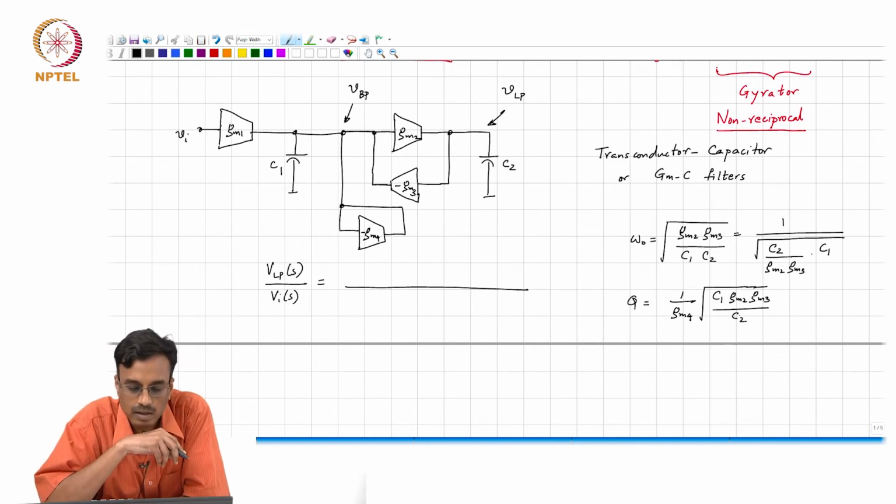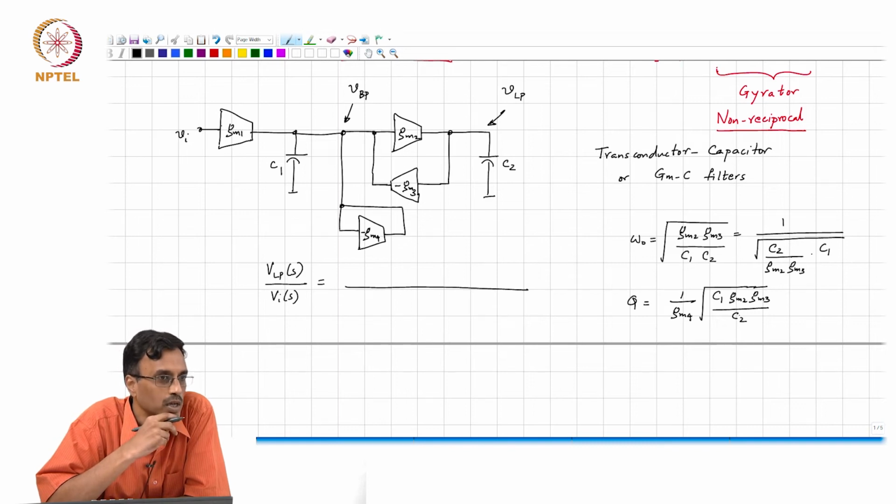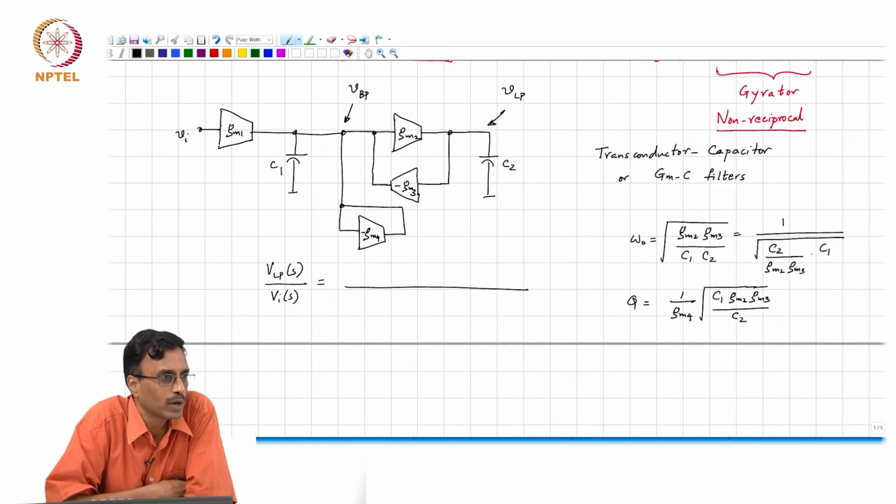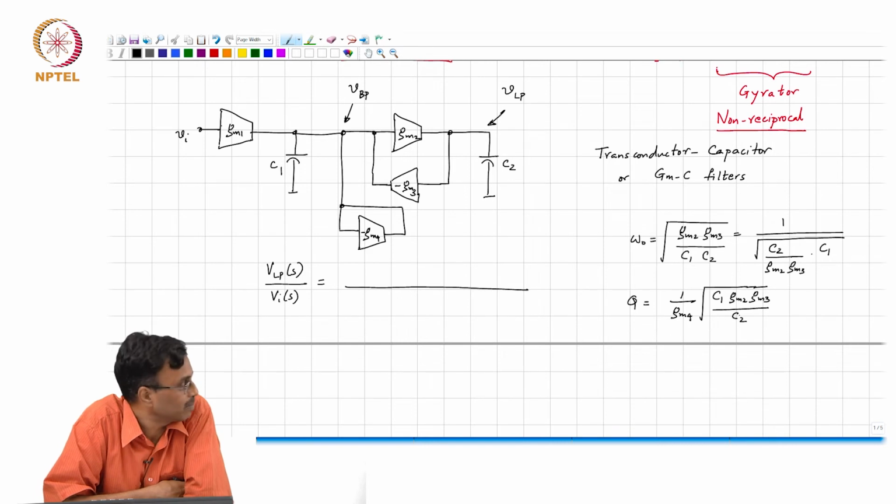Is this correct? Sanity check is what? When GM4 tends to 0, what should you expect the quality factor to become? When GM4 becomes 0, it's like having an LC network in parallel, L and C in parallel without any damping resistance, and therefore you would expect the Q to become infinite, so that makes sense.